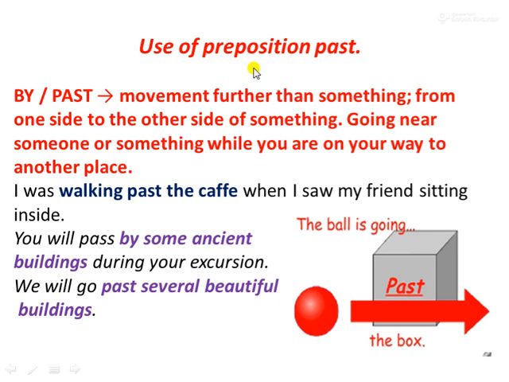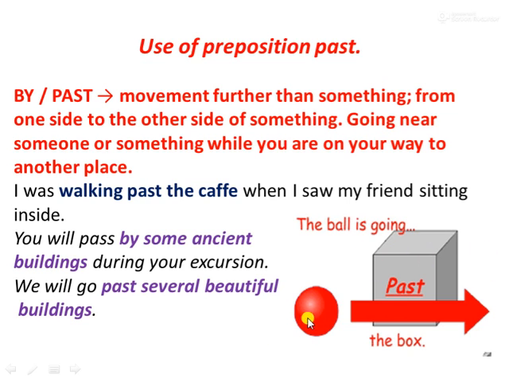Next one, that is use of the preposition past. By or past shows movement further than something, from one side to another side of something, going near something while you are on your way to another place. Look, by going through the image, the idea will be clearer to you. The ball is going past the box. So this is the ball and this is the box.